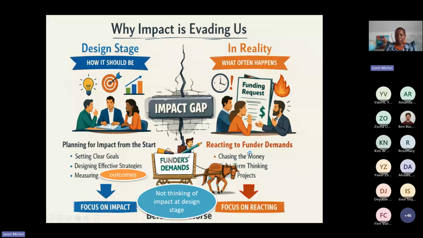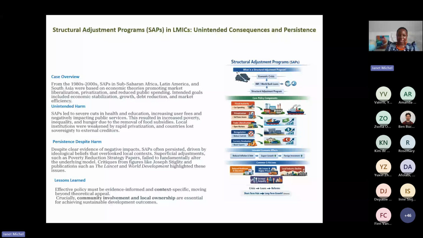I want to give you a few examples. A program called the Structural Adjustment Program was run for a long time. The aim was really to improve the economies, and it was because of an economic crisis. It was initiated by the World Bank. But what actually happened is it led to severe cuts in health and education, and actually increased poverty levels.